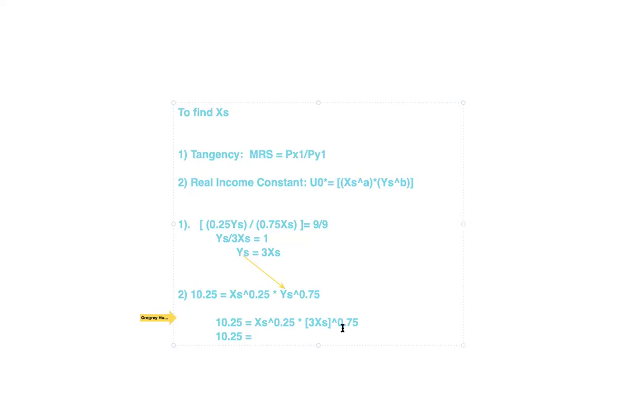Because you can distribute the 0.75 power over both of the terms in the product in brackets. So you end up with, and I'll just do it this time so everybody can see, times 3 to the 0.75 times XS again to the 0.75.